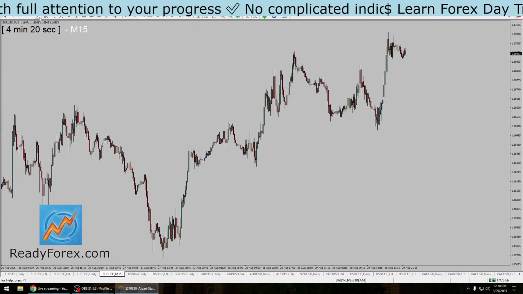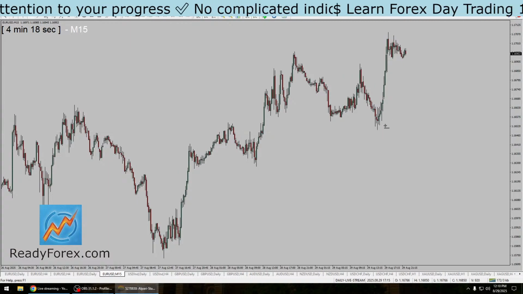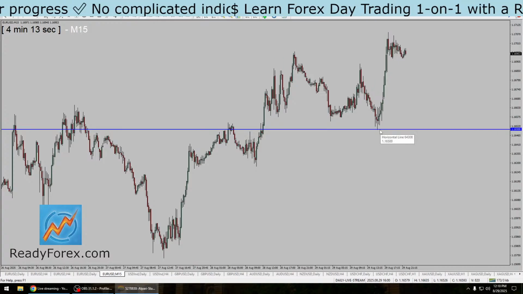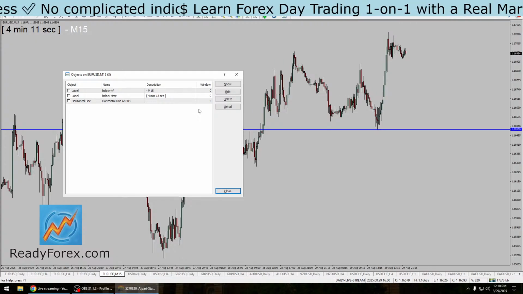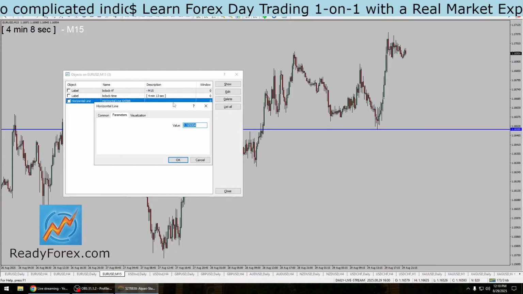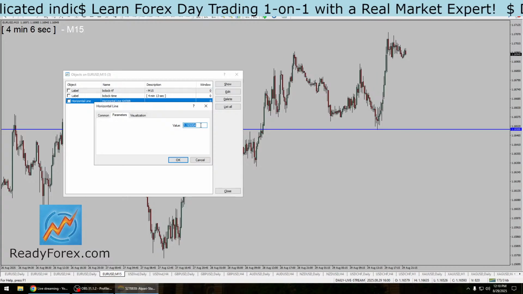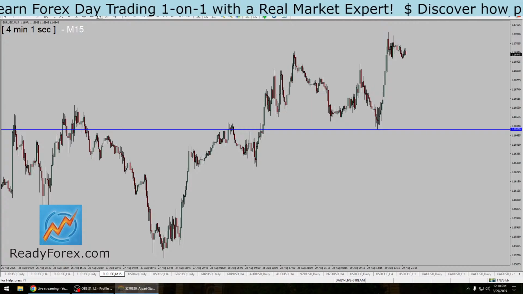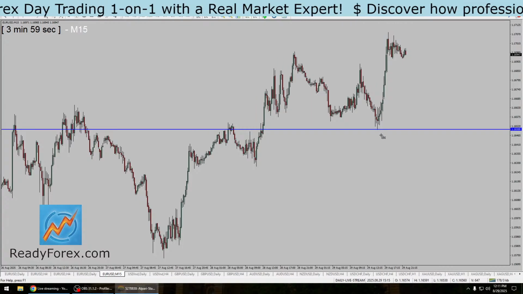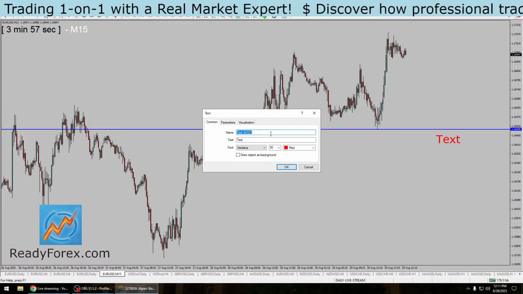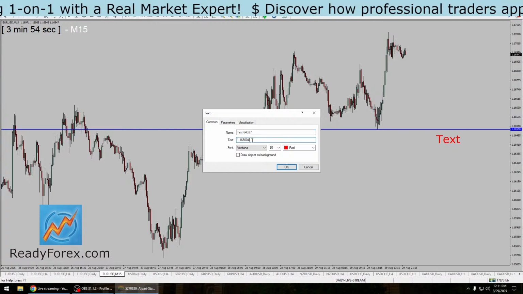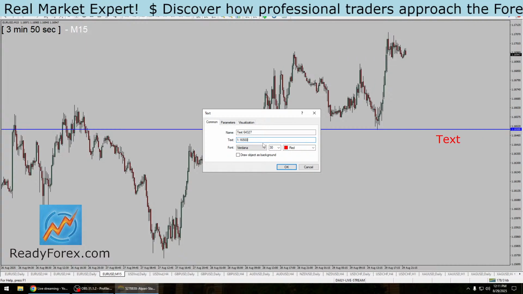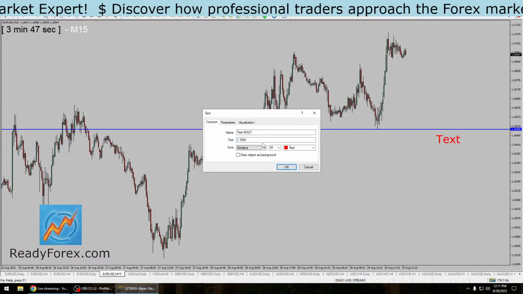Okay, so as long as market is not going to break below the support level, let me write down that level as well. Here it is, 1.1650.